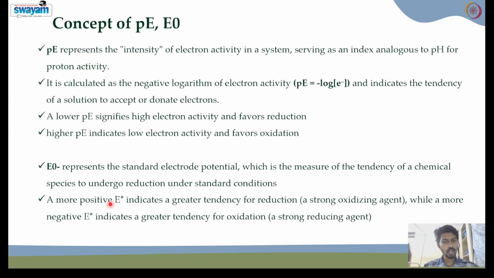That is, it acts as a strong oxidizing agent. Whereas if the E naught is negative, it has a greater tendency for the oxidation reaction. So these two important terms determine whether the energy of the system is favorable or unfavorable.